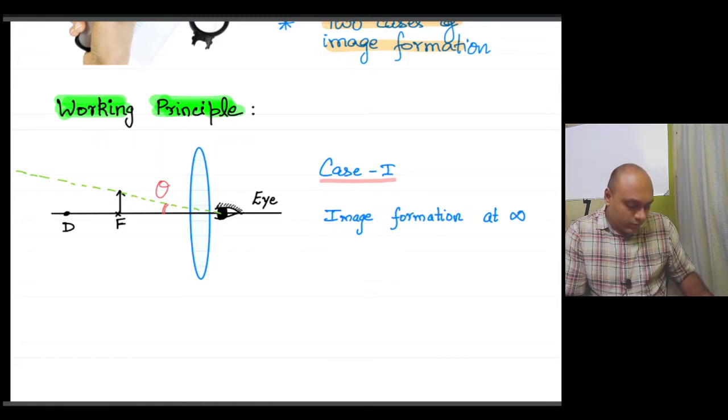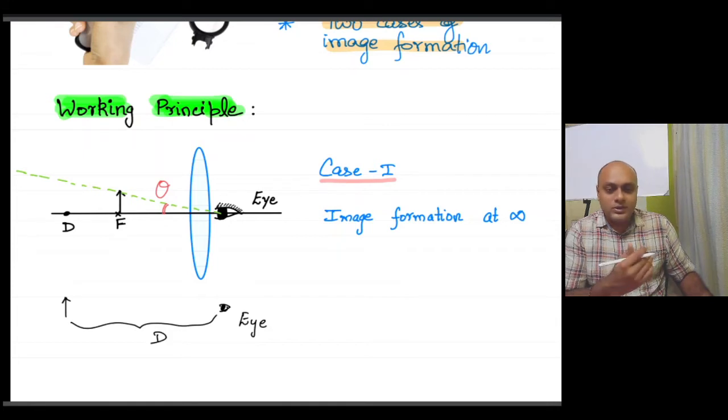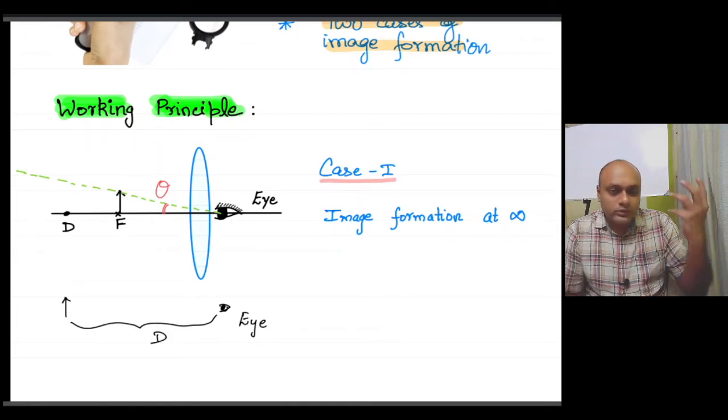This object, if we directly place it at D, say the human eye is at this particular location, this is where the human eye is. You place the object directly at D; you cannot place it closer than D. The reason being the image will be blurry.